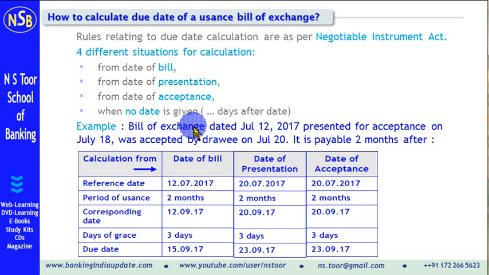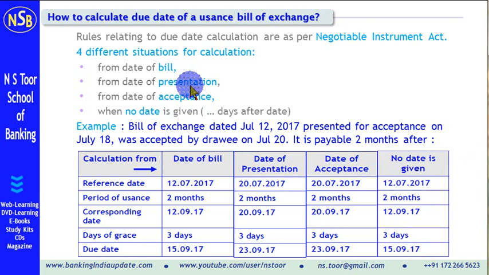Now, last thing, when no date is given, it is payable 2 months after date, if simply that is mentioned. Friends, when simply it is mentioned that payable 2 months after date, nothing is given from which date. In that case, the reference date will be the date of bill of exchange.